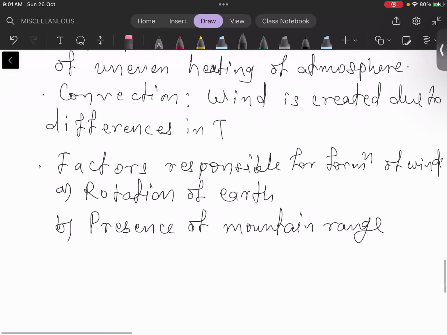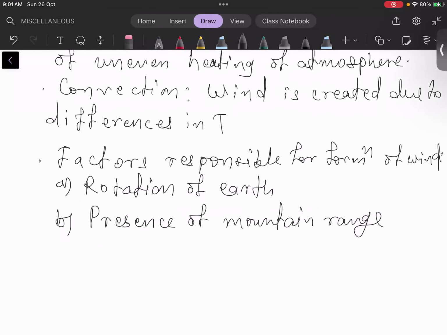So these are the two factors responsible for the formation of wind.